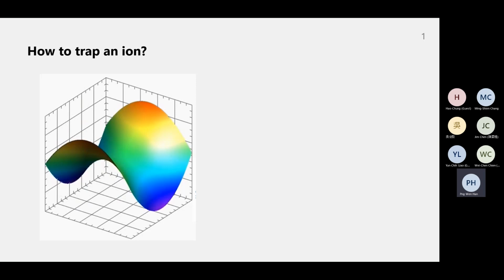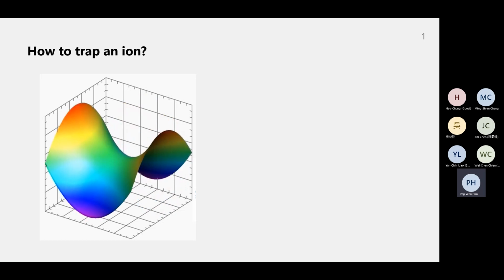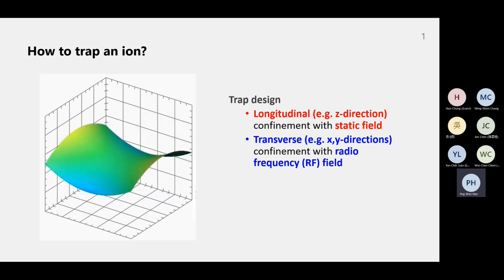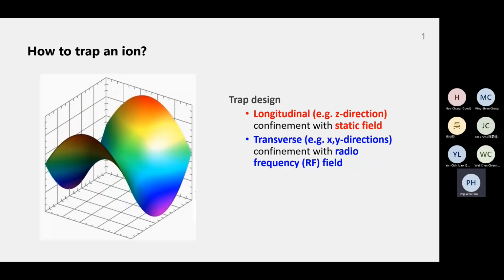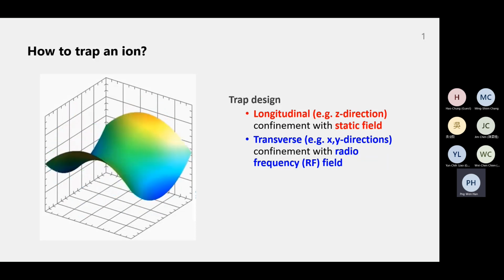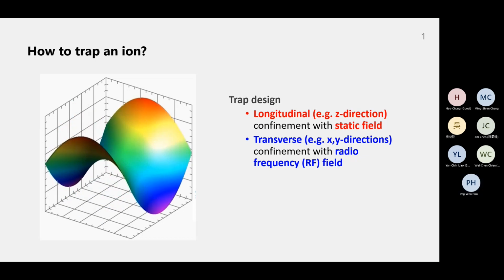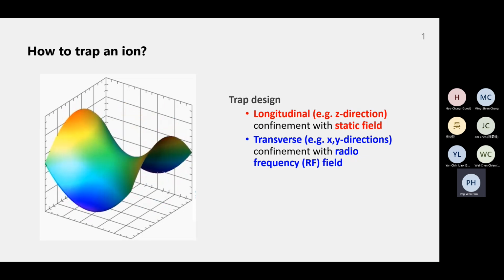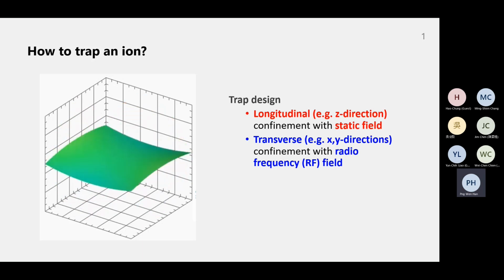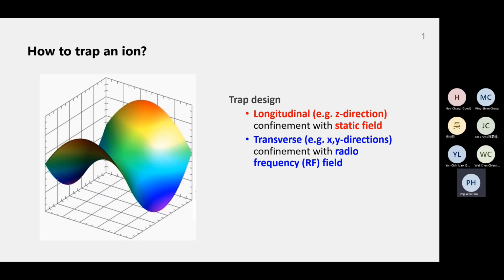So in order to trap an ion, we need to oscillate these electric potentials in order to keep the ion in the middle. This corresponds to the transverse confinement using the radio frequency field. To confine the ion along the longitudinal direction, we apply an additional DC static field. This idea lies at the foundation of modern ion traps, regardless of their geometries or structures.